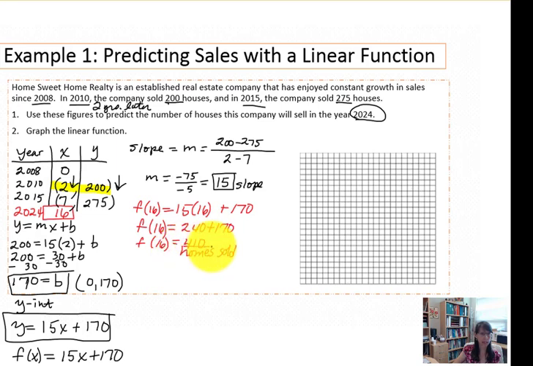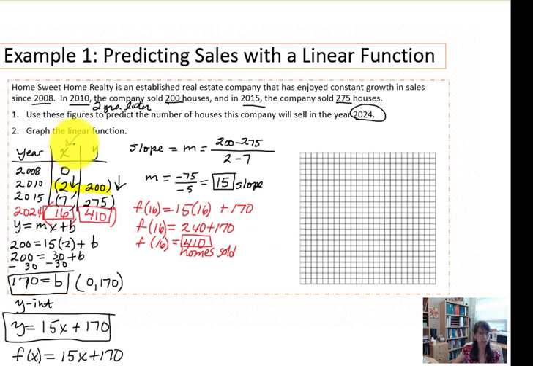So 410 is the output. I could write that back in the table for the y value. And that is another ordered pair that we just generated, 16, 410. Now we're ready to go over to the graph.